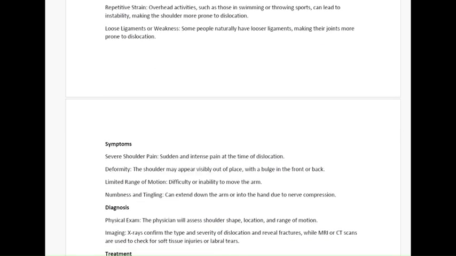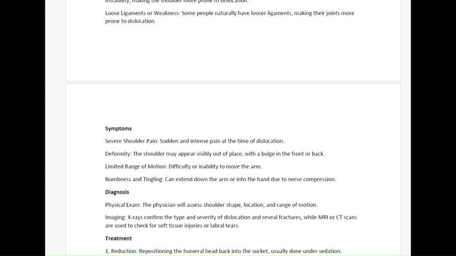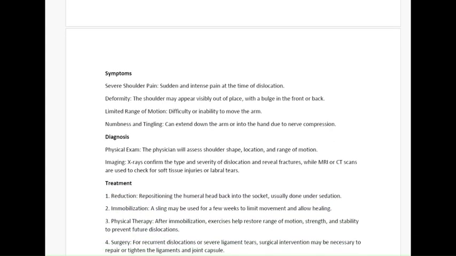In the symptoms, the patient might have severe shoulder pain, sudden and intense at the time of dislocation, and deformity. The shoulder may appear visibly out of place with a bulge in the front or back, limited range of motion, and difficulty or inability to move the arm. Numbness and tingling can extend down the arm or into the hand due to nerve compression.